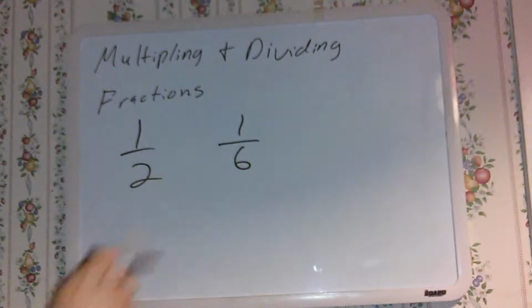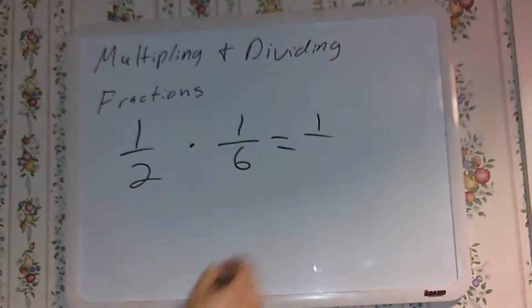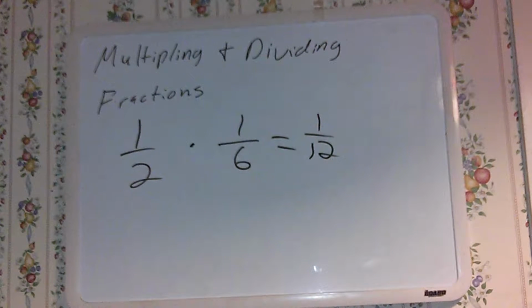Well, now we're multiplying and you can throw that out the window. When you're multiplying fractions, no need for a common denominator. You can just come right across and go 1 times 1 is 1 and 2 times 6 is 12. Multiplying fractions is vastly easier than adding and subtracting.